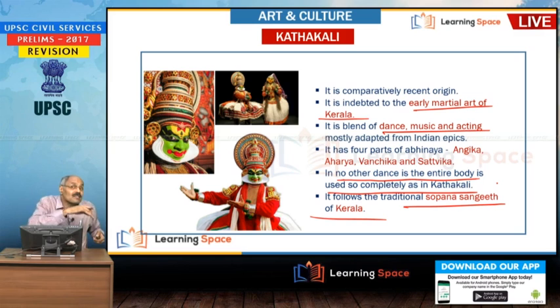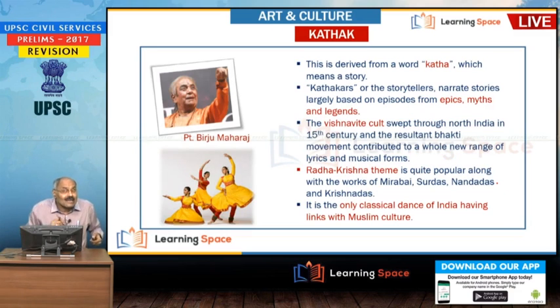We learned Bharatanatyam, Tamil Nadu. Kathakali, indebted to the early martial art of Kerala. Then Kathak, that is derived from the word Katha. Katha means story. So Kathakars are the storytellers, narrating stories mostly from epics, legends, and the Vaishnavite cult.